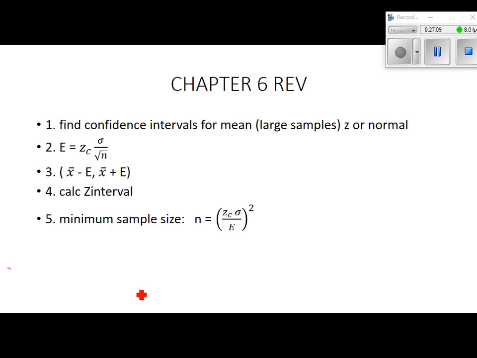Critical value for Z. Like find the Z-score. Yeah, sort of. Not look it up on the chart though. We need other stuff before we look it up on the chart.